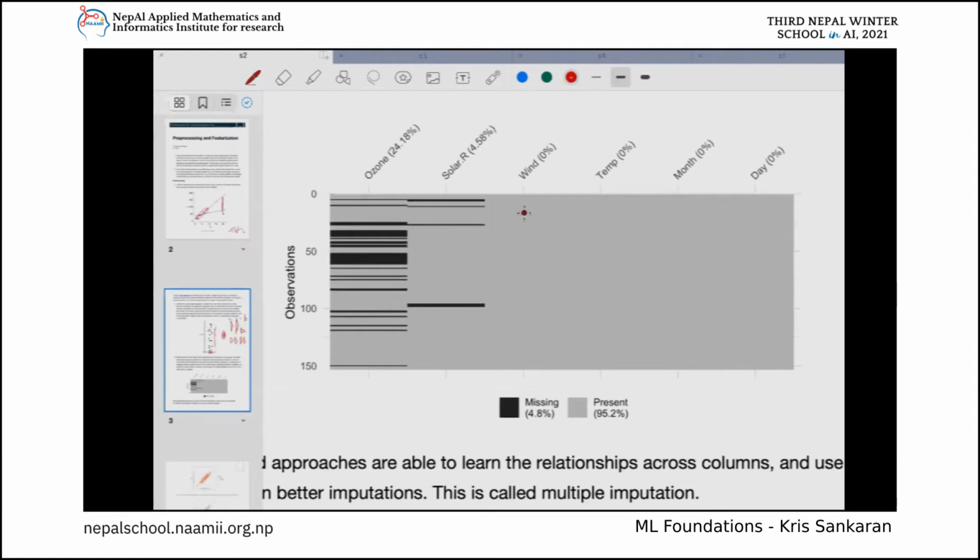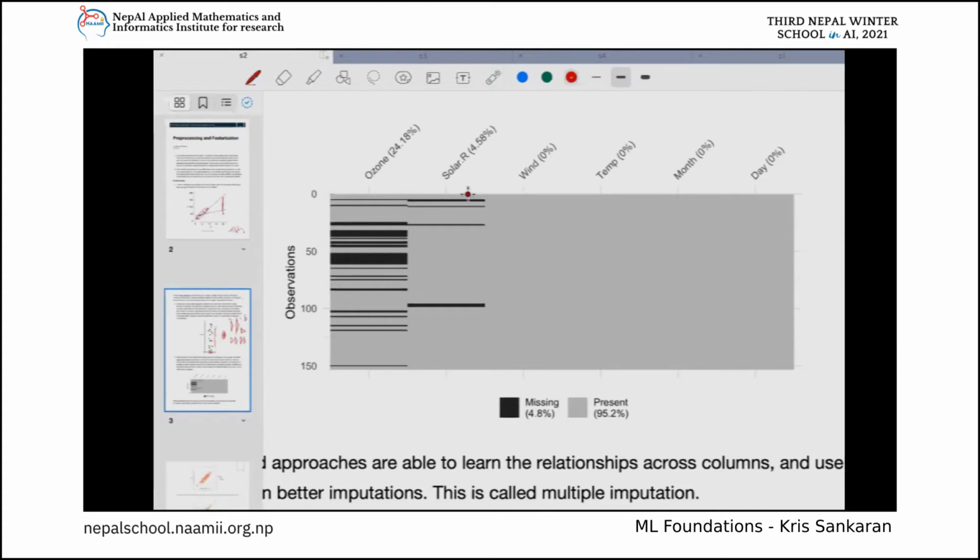So the wind sensor and temperature sensor are always working. But sometimes the solar sensor breaks, like 5% of the cases. The ozone sensor seems to be breaking pretty frequently, 24%. What's kind of neat about this plot is that it's showing not just the frequency at which it breaks, but the pattern of breaking.